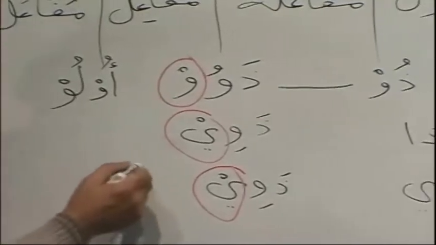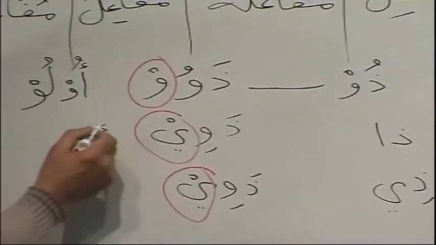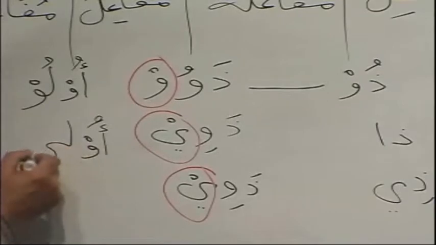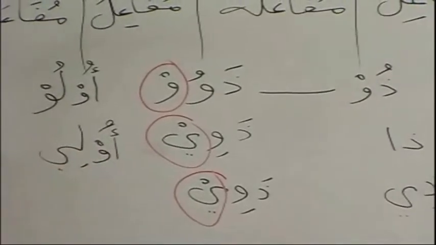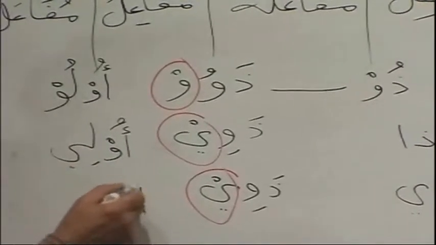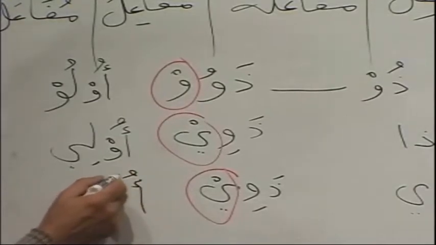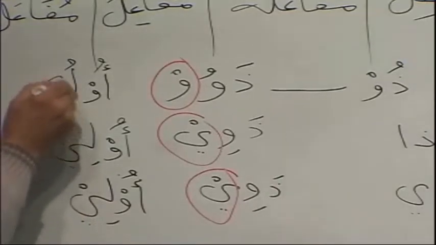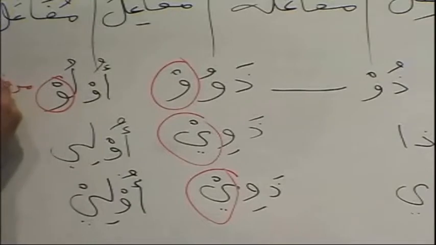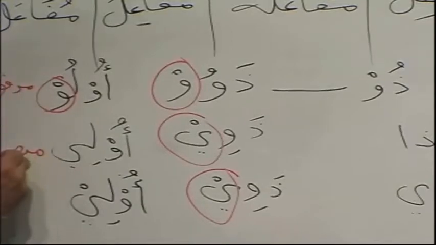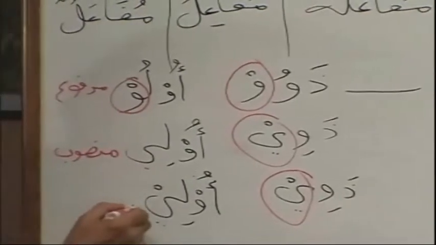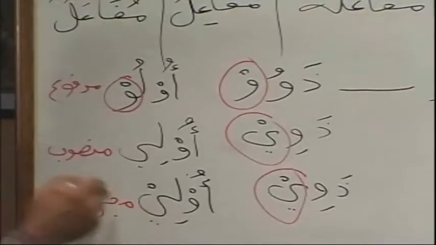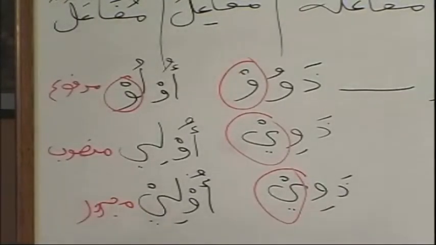Marfu bil waw. And then what will be? Uli. Mansub bil ya. And what is the next one? Uli. Are you with me? So, marfu, mansub, and then majrur bil ya.